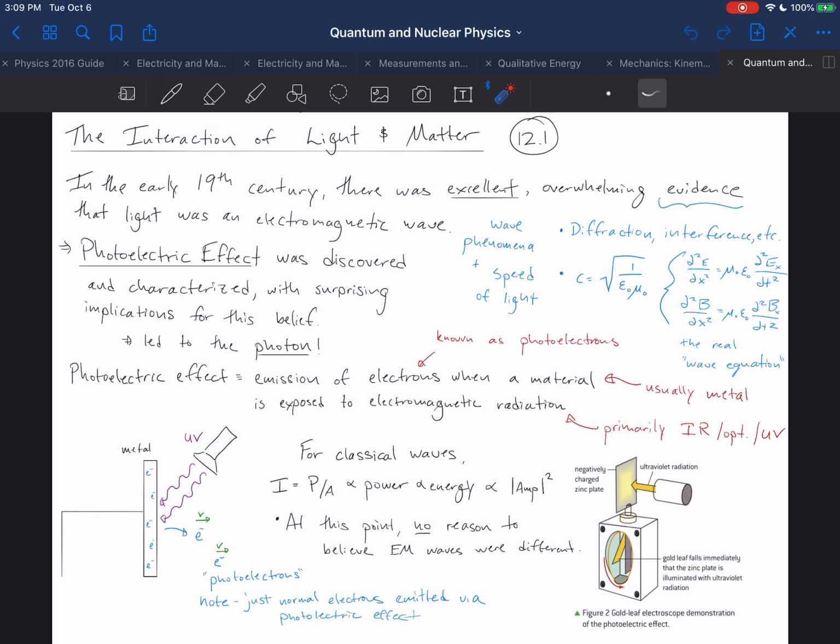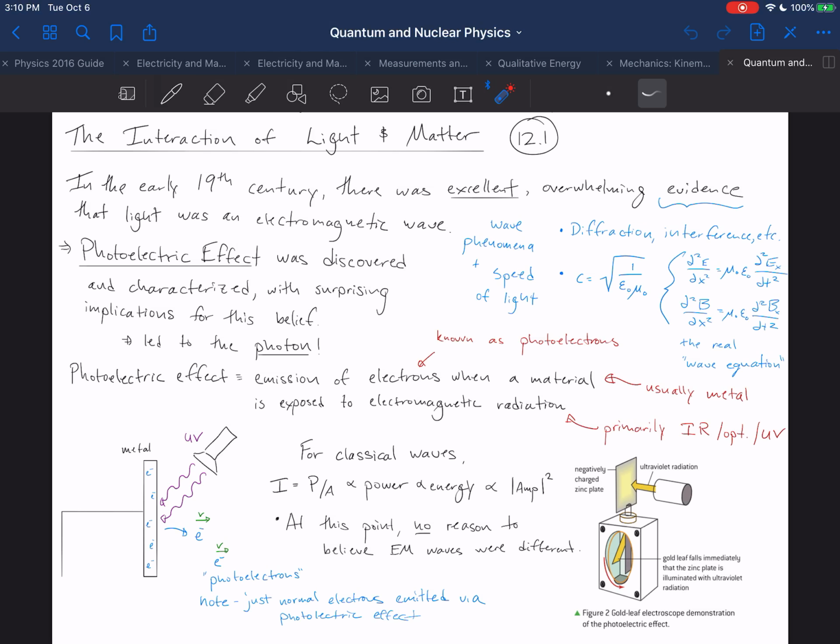In fact, the photoelectric effect led to the discovery of what was later called the photon: the idea that light was fundamentally something like a particle in some ways, and inconsistent with simply, purely being an electromagnetic wave.